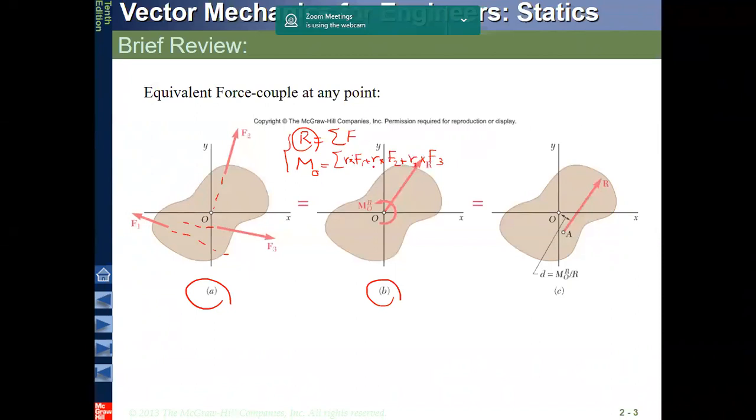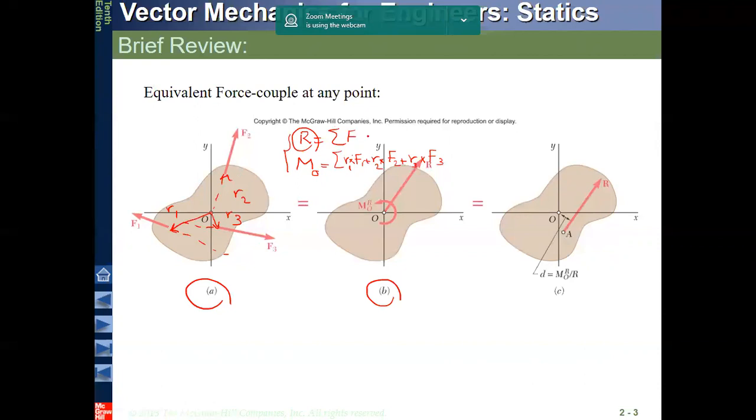So let's say R3, R2, R1. If this is point O, then we can draw a displacement vector and call this R2, then this is R1, and this is R3. So we are talking about the initial system.